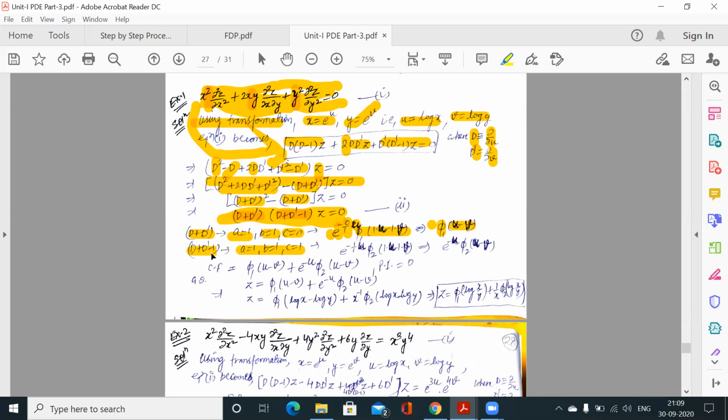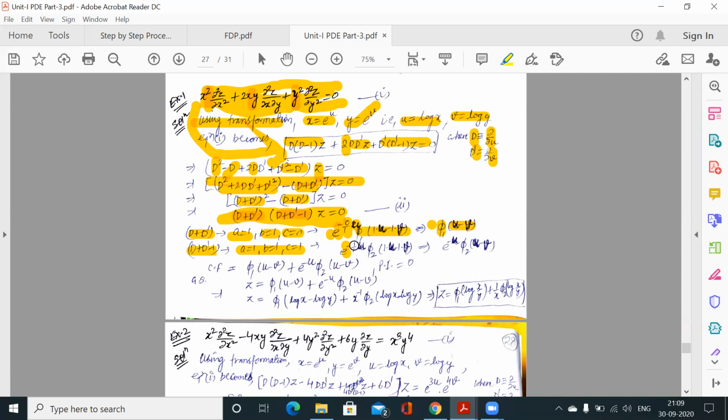If we compare with that, then we get a is 1, b is 1, but c is minus 1 here. So it should be e to the power minus c by a. So it should be minus of minus 1 over plus 1. Clear? c is minus 1, a is plus 1. It is e to the power minus c over a. c is minus 1, a is 1.